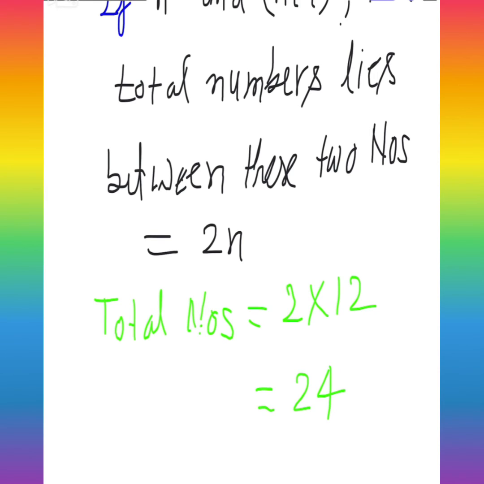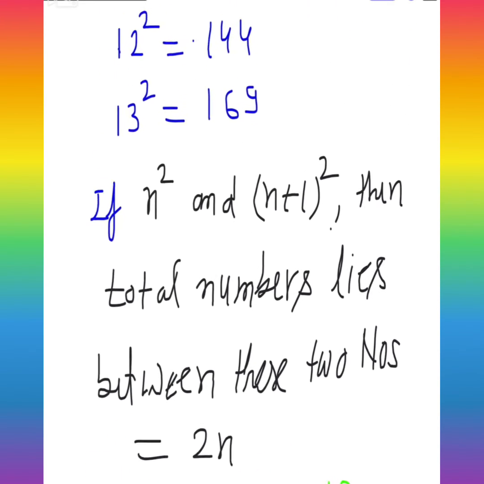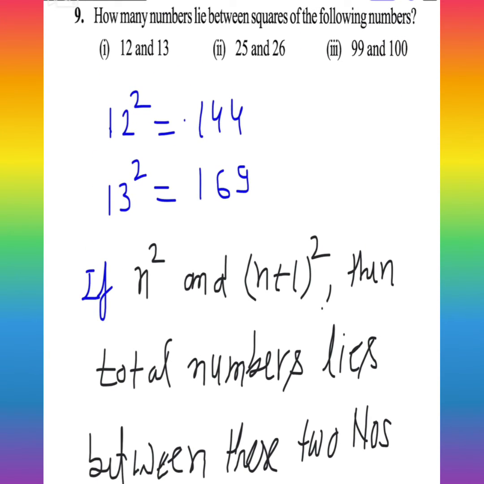So there are 24 numbers between the square of 12 and the square of 13, that is 144 and 169.